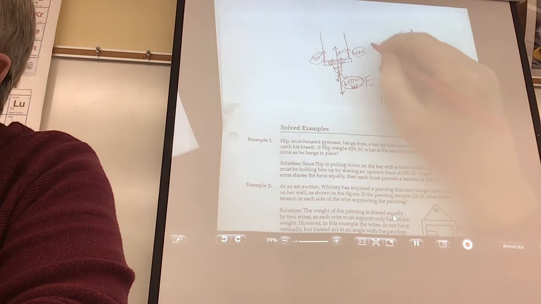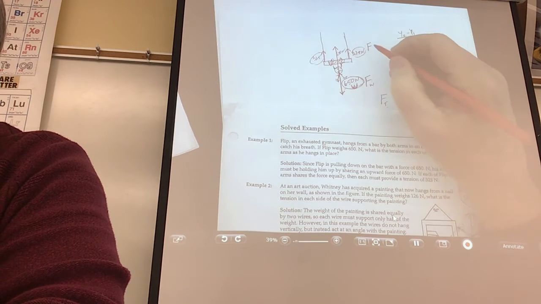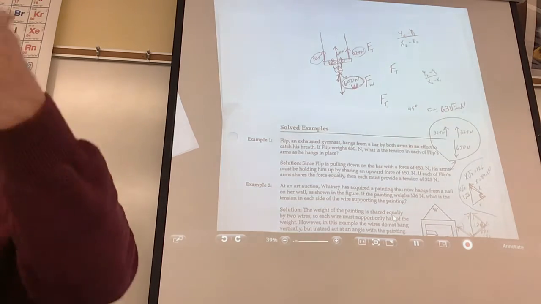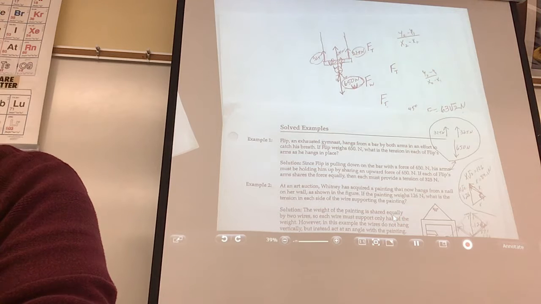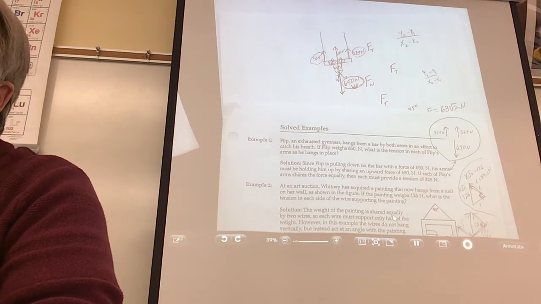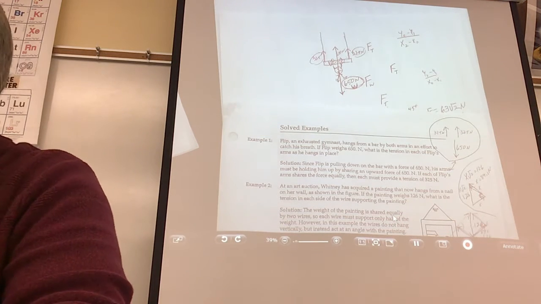And what would you label this guy here? What is this called? Tension. And so maybe you'd see a book say F sub T, the tension force. Ever get that? Okay, so that's the one thing I think people get hung up on in physics the most, the little labels they have on there.